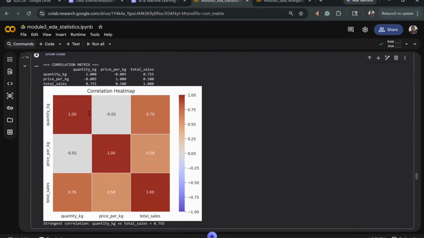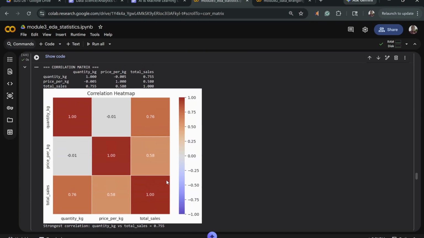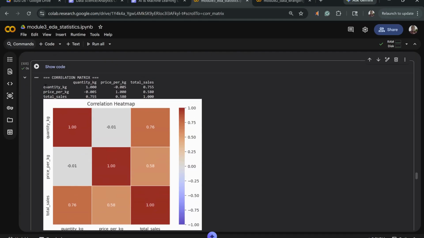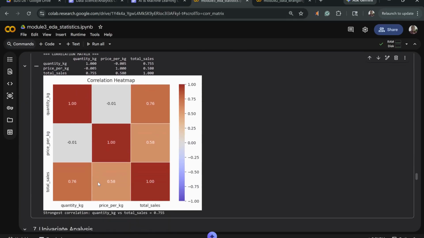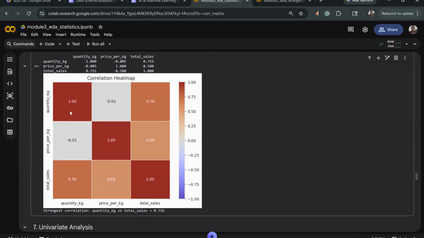Now let's see from our data set. We have quantity, price, and total sales, and we are trying to show the correlation using a heat map based on the Pearson correlation that we calculated, these numbers here. Out of the list of numbers, you see 0.76.